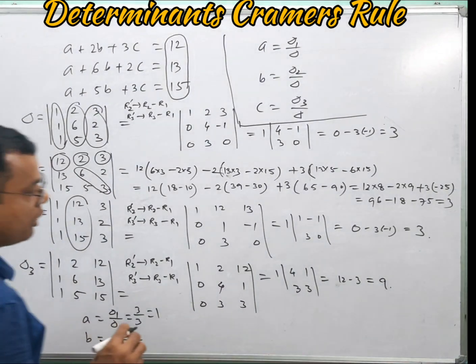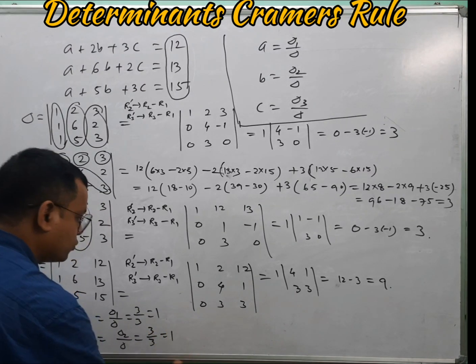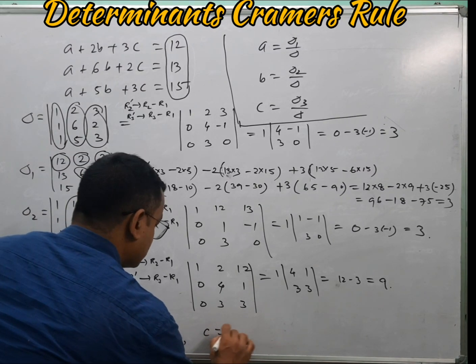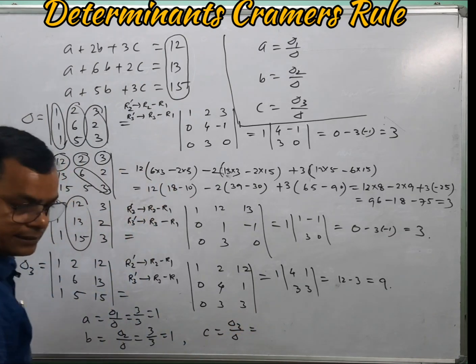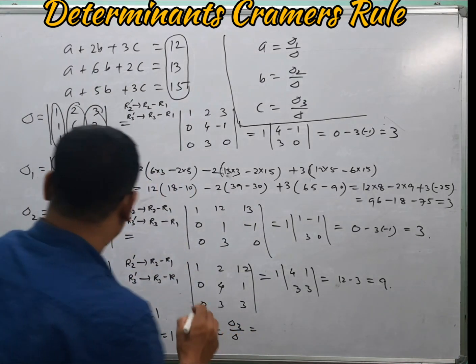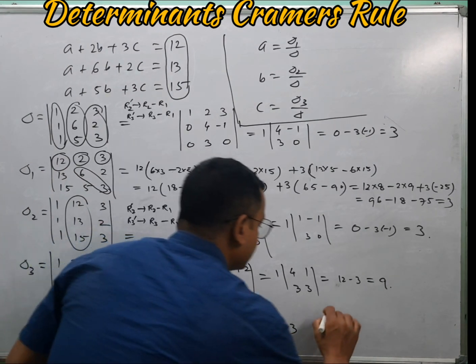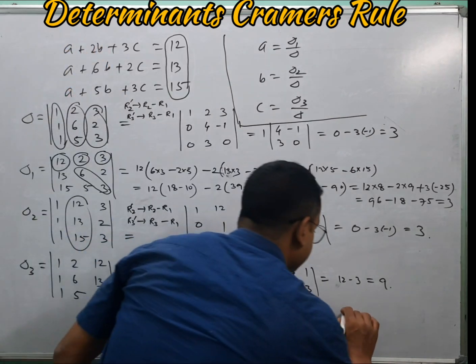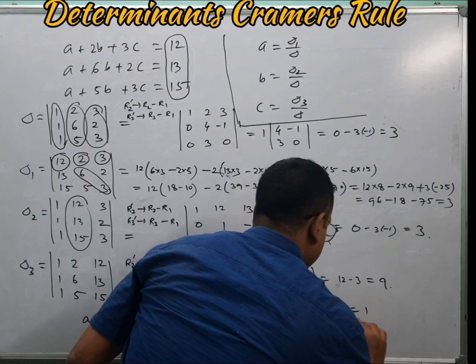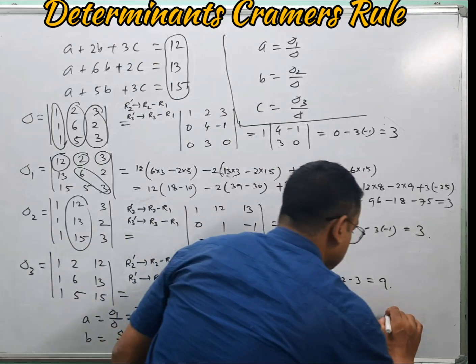So delta 2 how much? This also we got 3 by 3 equals 1. And C equals delta 3 by delta. Again, delta 3 how much? Delta 3 you got 9 by 3 equals 3. So what is the answer here? From this system of linear equations, you got A equals 1, B equals 1 and C equals 3. This is the final answer.